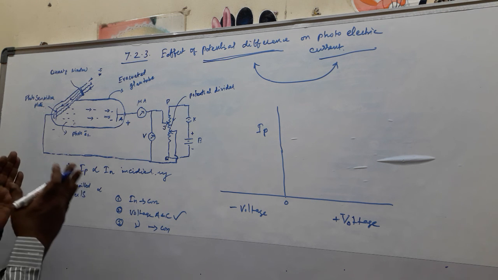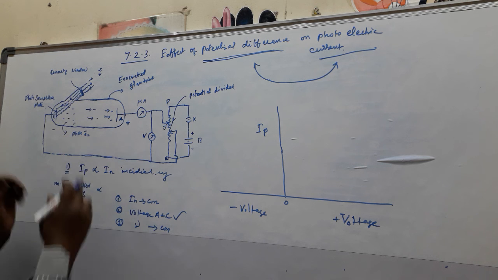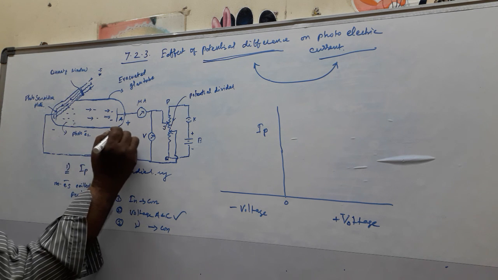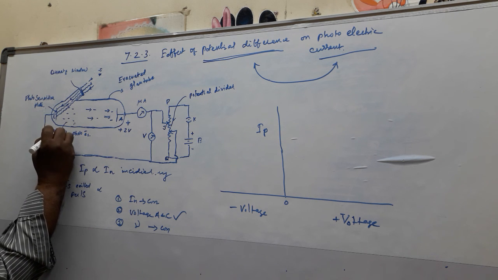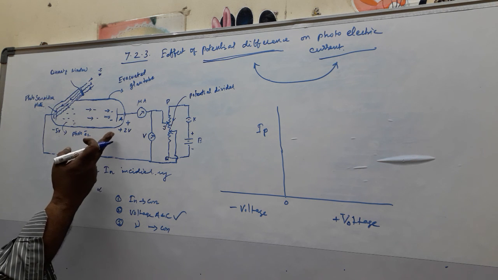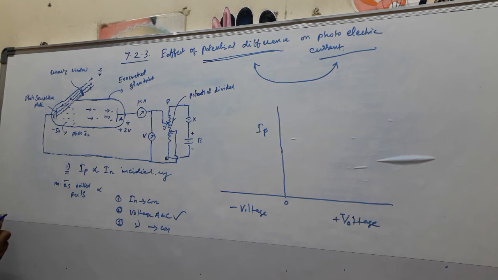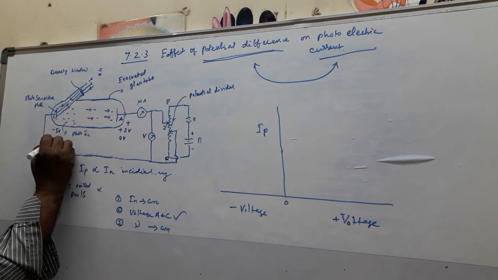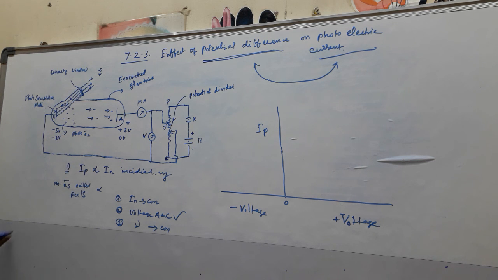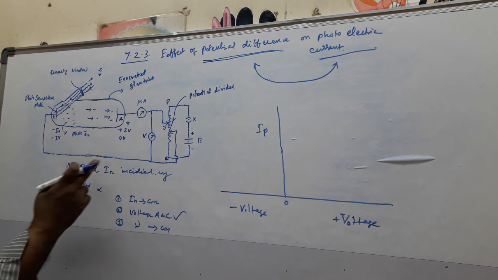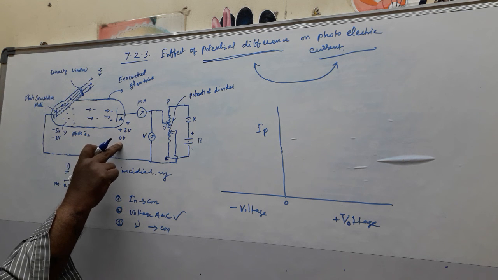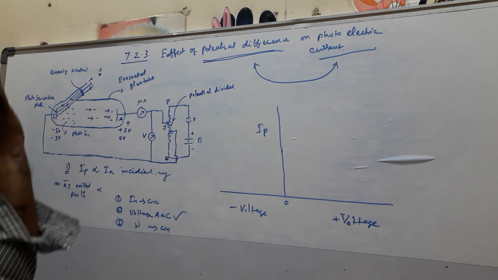Suppose you are applying positive voltage to A compared with C. For example, if C is at minus 5 volt and the anode is at 2 volt, A is greater, more positive than C. That's why the ejected electrons enter the terminal A. If suppose it is 0 volt and C is at minus 3 volt, A is still positive relative to C, so the electrons are able to enter the terminal A.